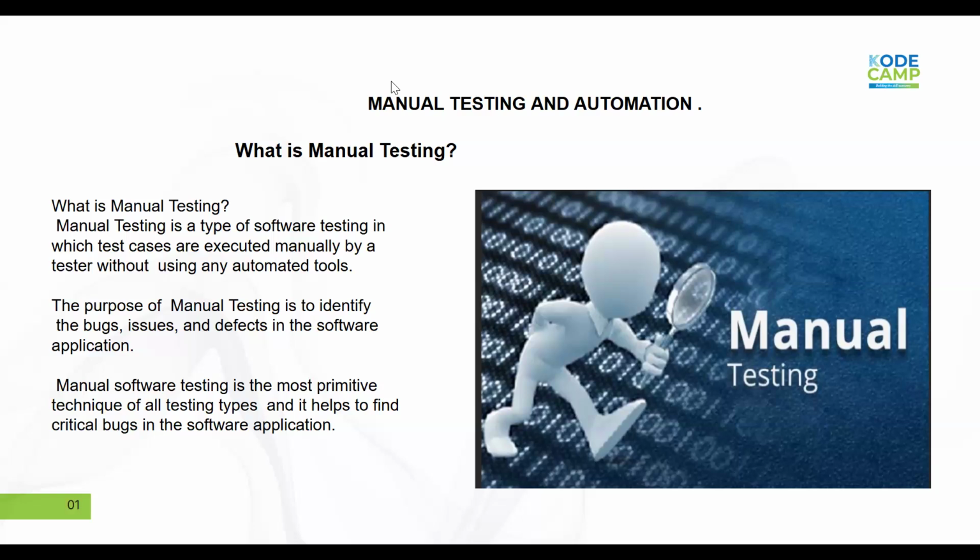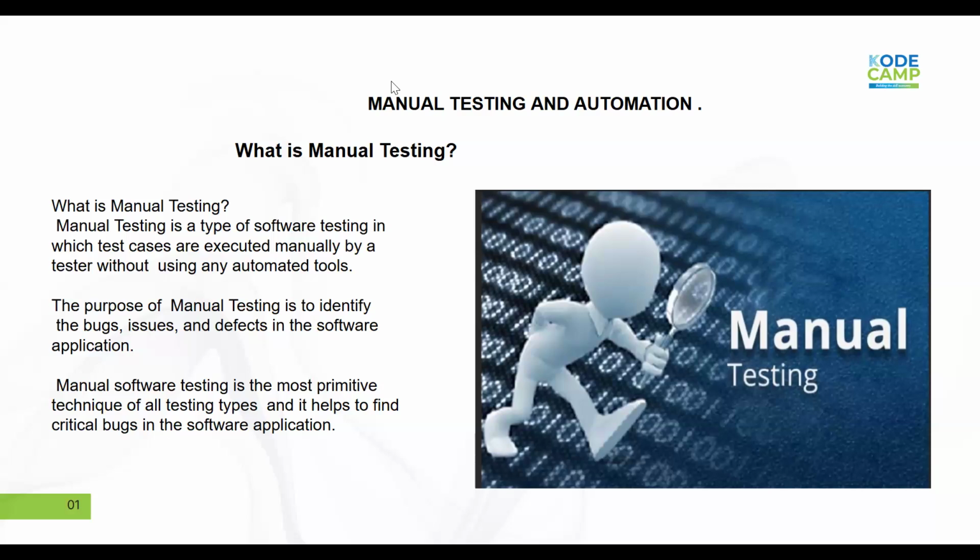And we said manual testing is the most primitive technique of all testing types. It's like an ancient technique, because before all these automation tools came into place, people have been manually testing their applications. That is the way it has been before these automation tools started coming.